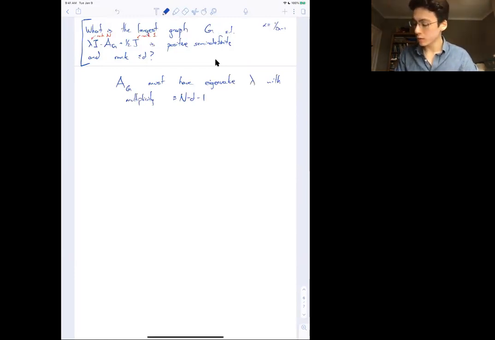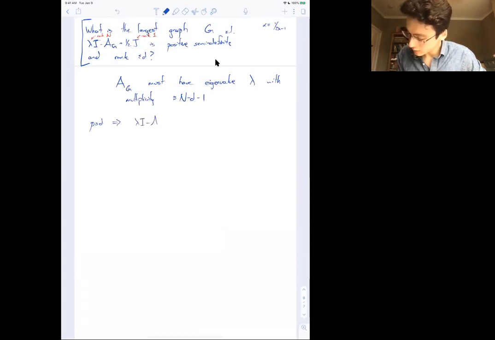This is the only way that we're going to get down from rank n to rank d in lambda I minus A_G. And furthermore, since this quantity is supposed to be positive semi-definite, this implies that lambda I minus A_G has at most one negative eigenvalue.